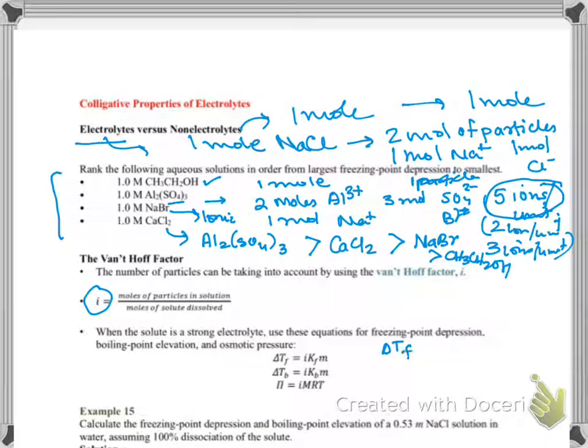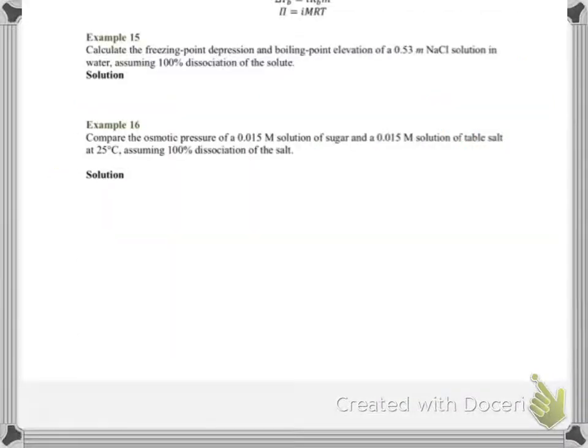For freezing point depression you had Kf times m, then for an electrolyte it will become i times Kf m. For boiling point elevation, for everything you have to put i in front. And what is this i? This i is basically this many ions.